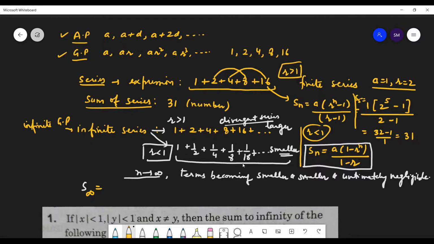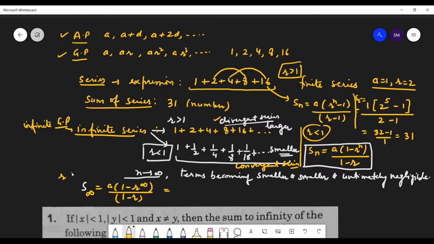This type of series is known as a convergent series. Okay. So infinite GP series can be divergent, can be convergent. So we can find the sum of the convergent series, and then this formula will become a into 1 minus r raised to the power infinity upon 1 minus r.